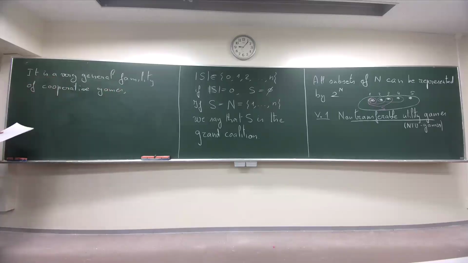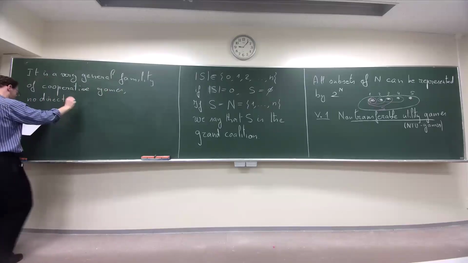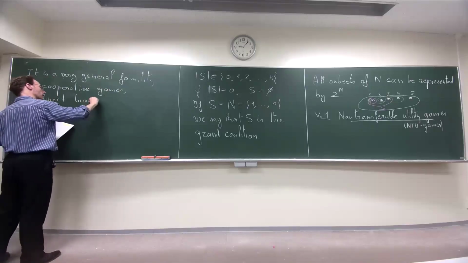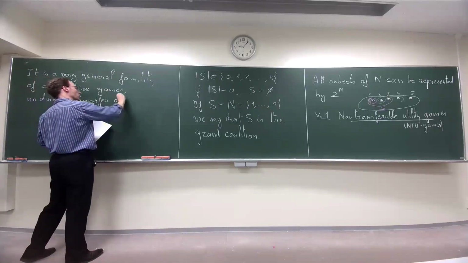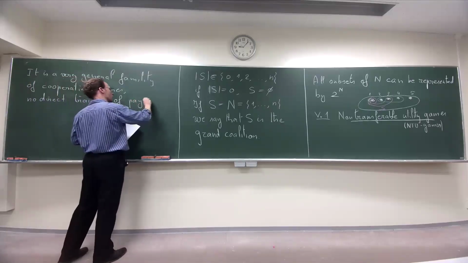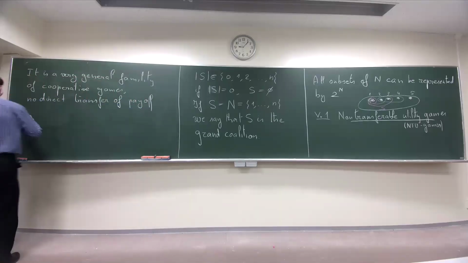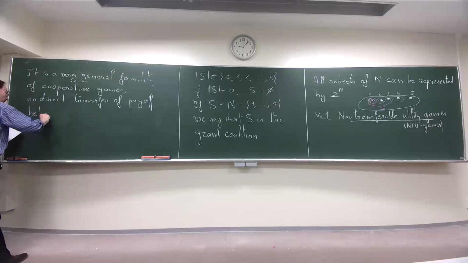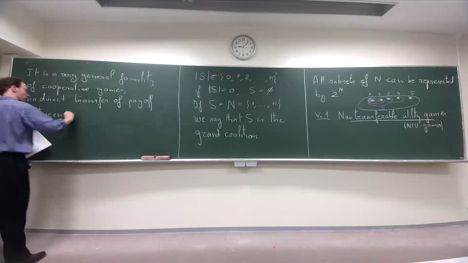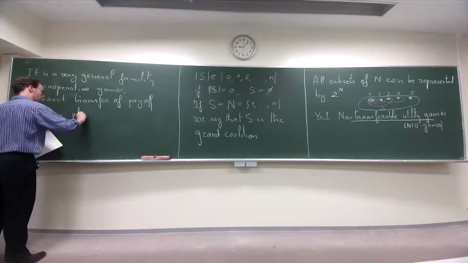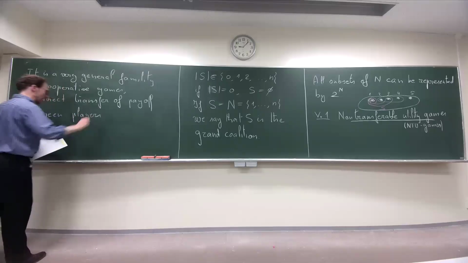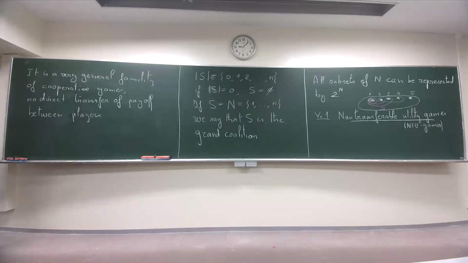But it's called non-transferable because there is no direct transfer of payoff between players. It's not very precise. In fact, okay, this is a general idea, but we have to be more precise.